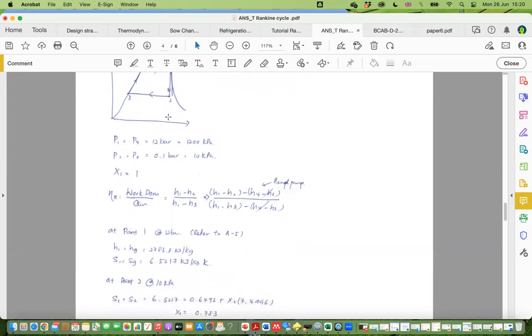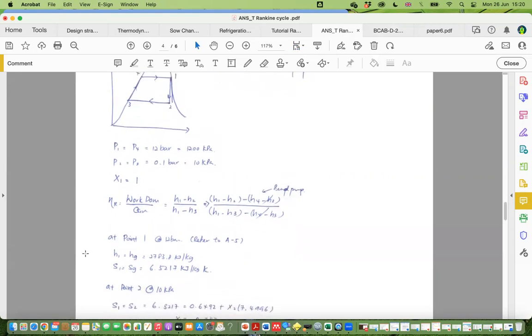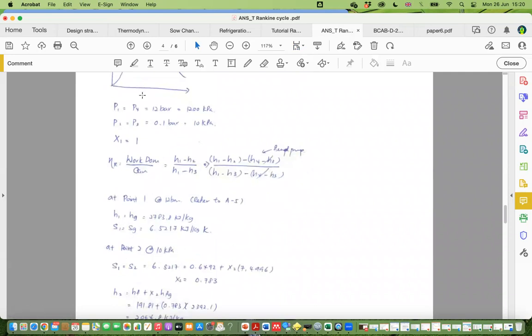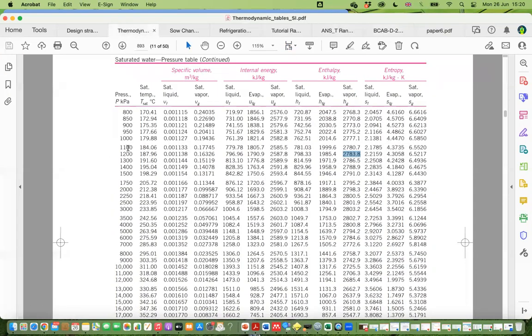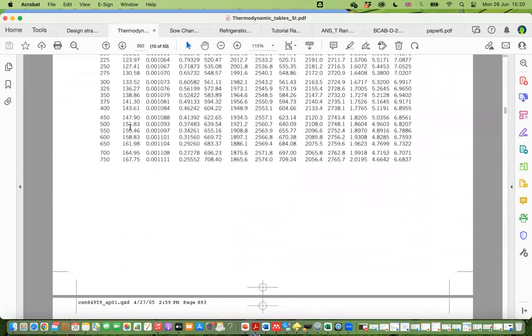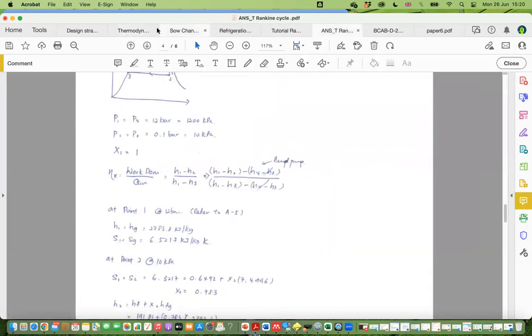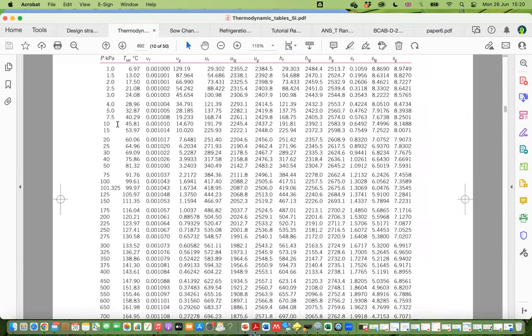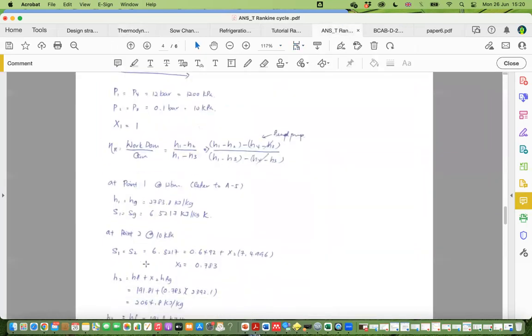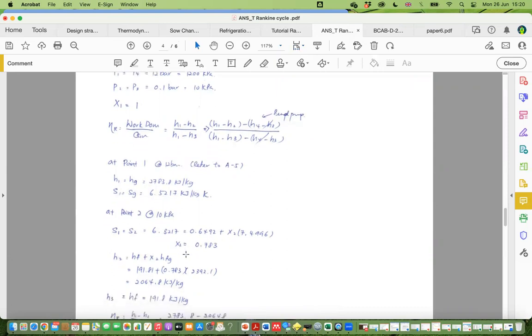We can use the entropy 1 and use the value from the table at 10 kilopascal, sorry, 10 kilopascal. And then we use the enthalpy value here, and it equals S1, because S1 equals S2, to get the dryness fraction.